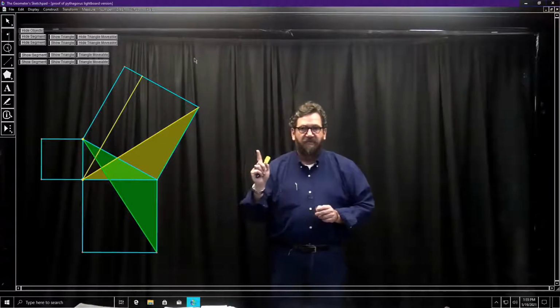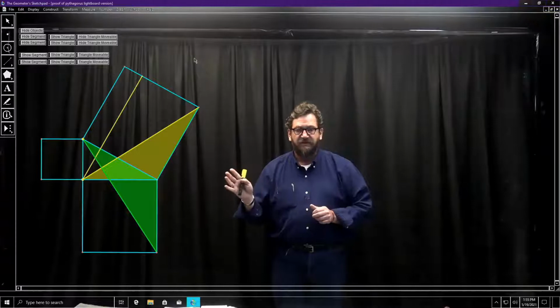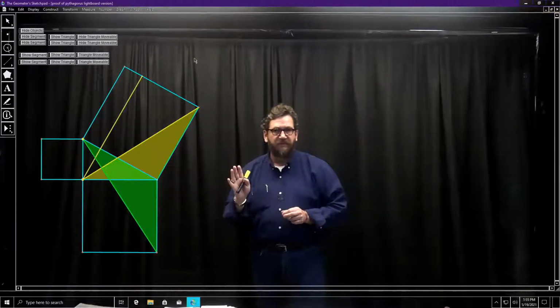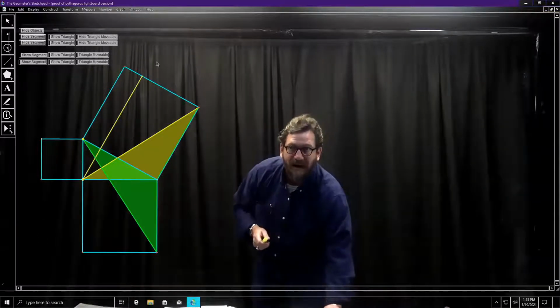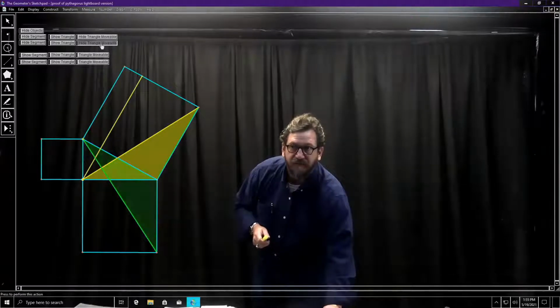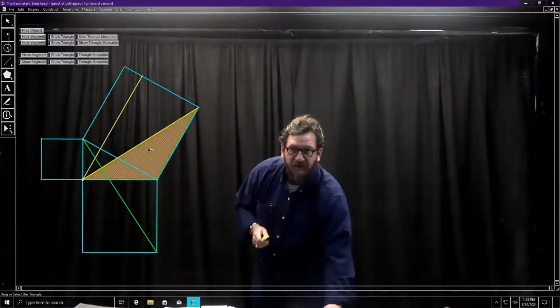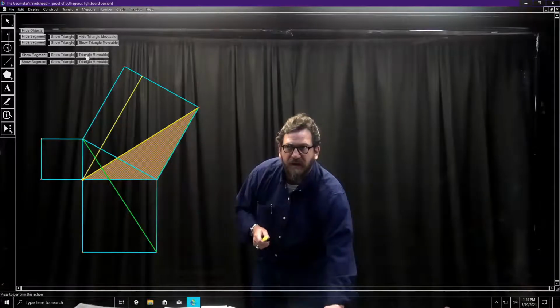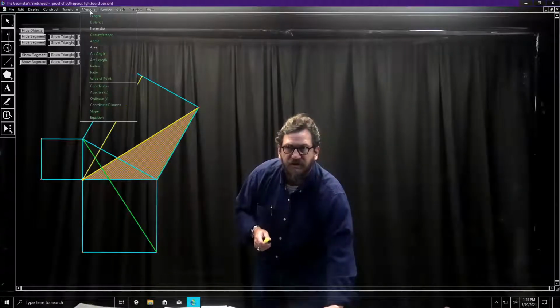Now, before I get carried away with these two triangles, I need to show you something very peculiar about a triangle. So I'm going to hide this one down here. I'm going to look at just this one for a moment. And I'm going to come up here and I'm going to measure its area.